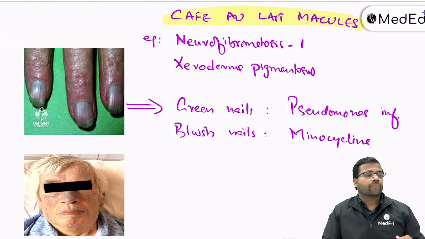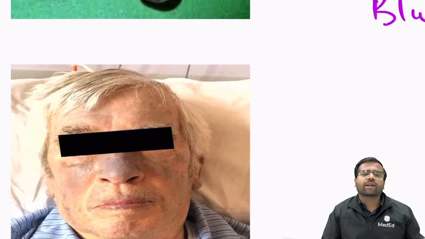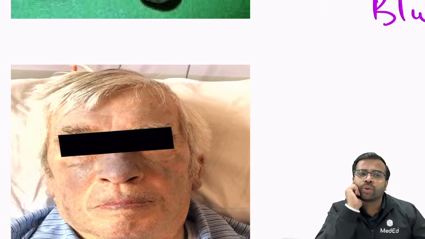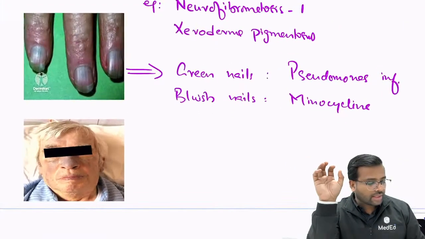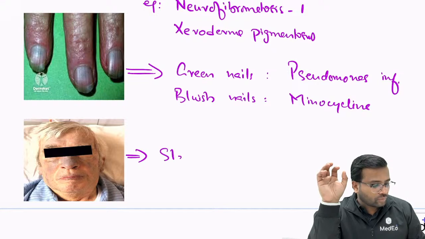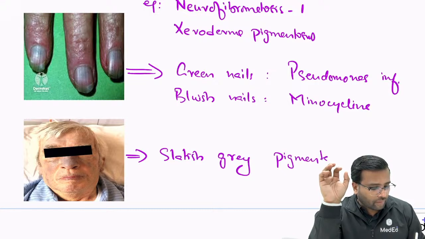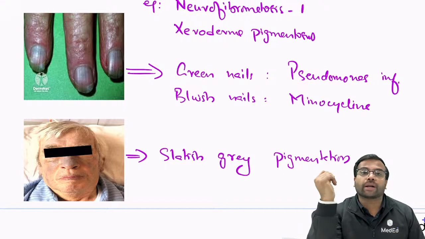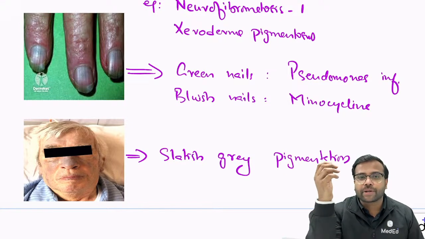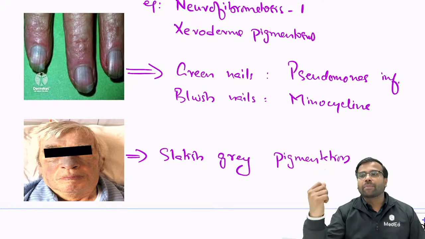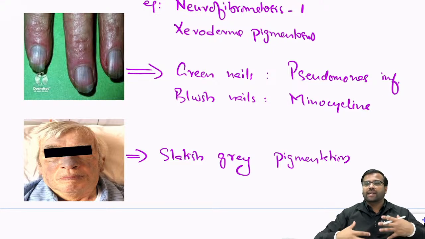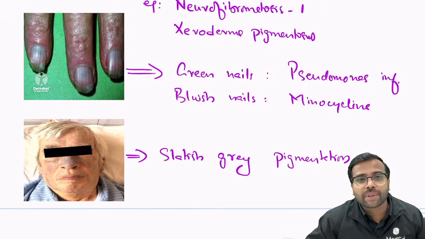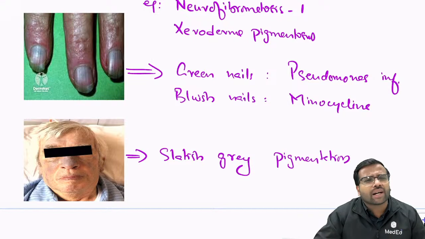Okay? And in a similar vein, if a patient comes to you with some slatish gray pigmentation over the face, and he is also on some medications, especially for a heart disease, can you tell me which drug can cause a slatish gray kind of pigmentation in a patient on a drug for heart disease?